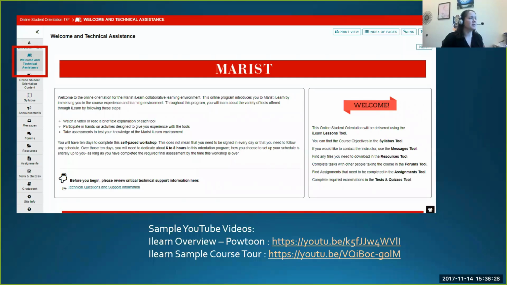So you'll see we actually replaced the overview. That way, this is the landing page that you see right here that students are dropped right into. Some nice branding at the top for Marist, a little bit of an introduction, self-paced, 6 to 8 hours, a little blurb on the right-hand side about what kind of tools they're going to be finding and coming across, and things such as that.